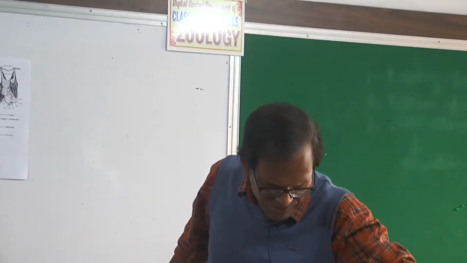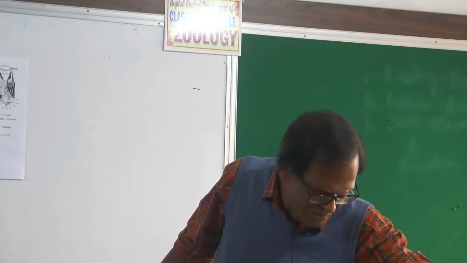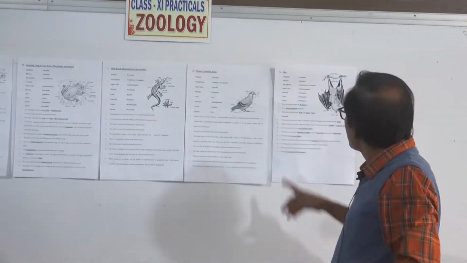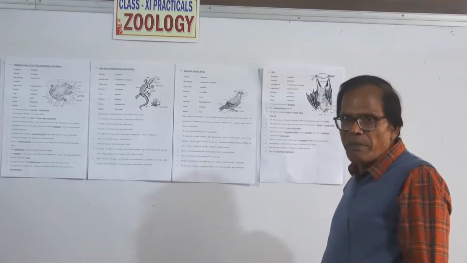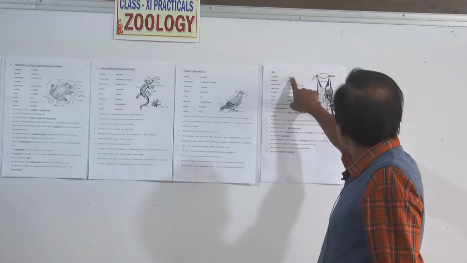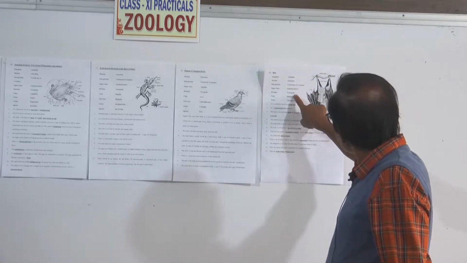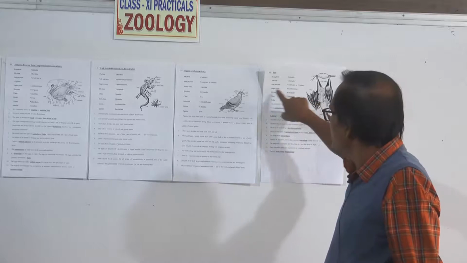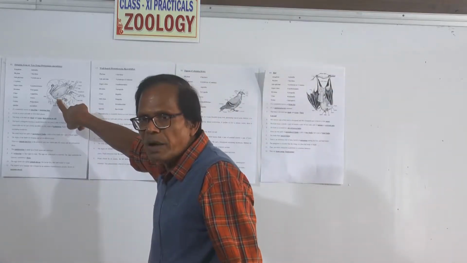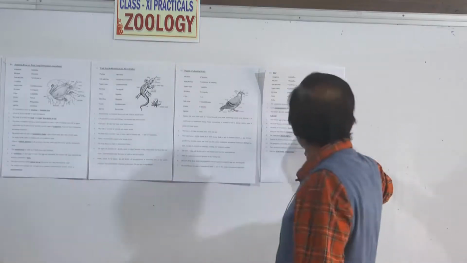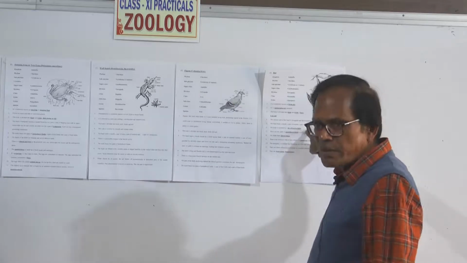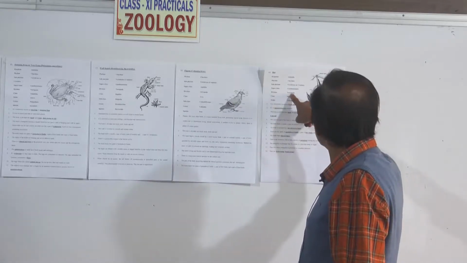A rat, we'll discuss the rat in the Mammalia section. Then coming up to a mammal. Up to the division, the classification is similar. In all these, from an amphibian up to a mammal, the classification is similar up to the division.